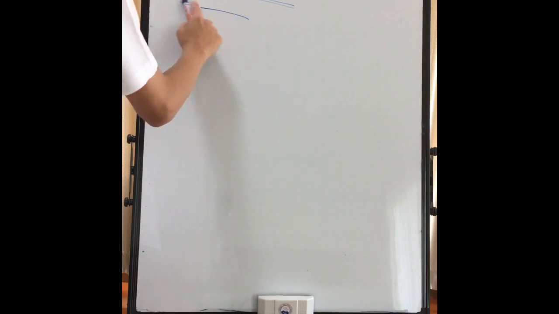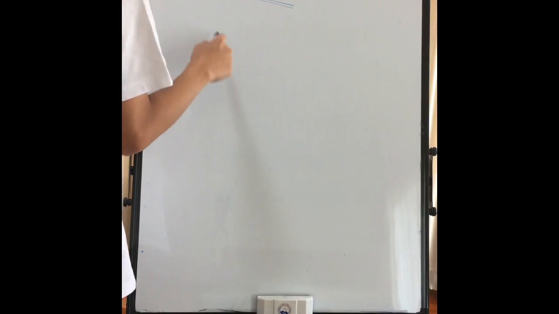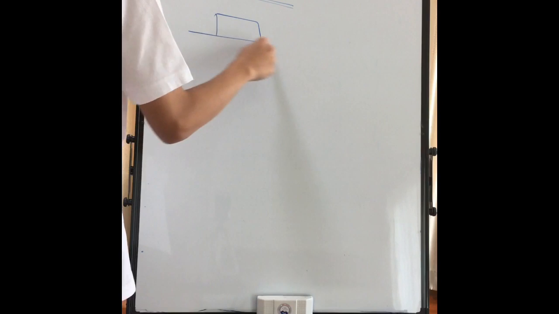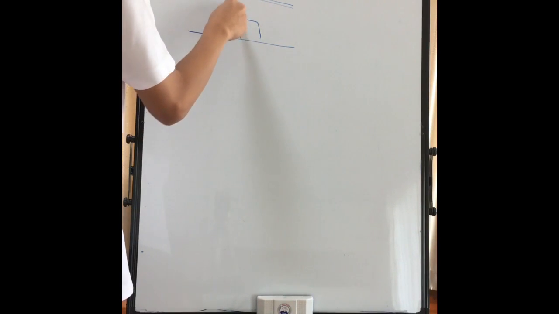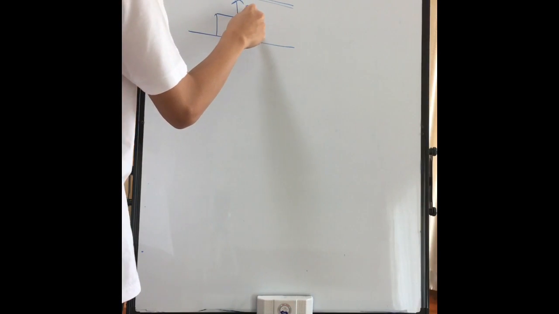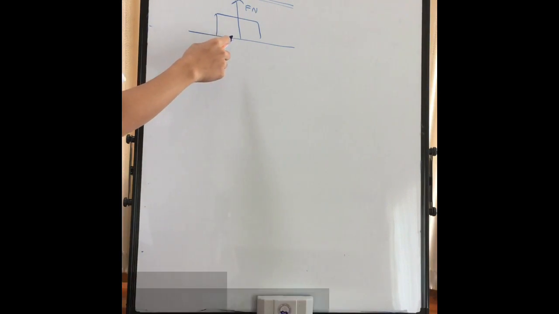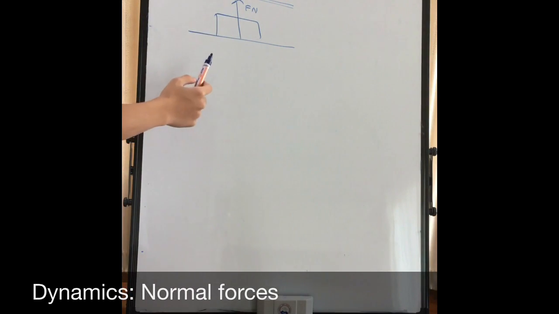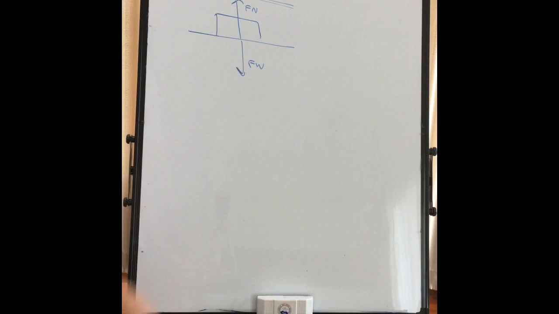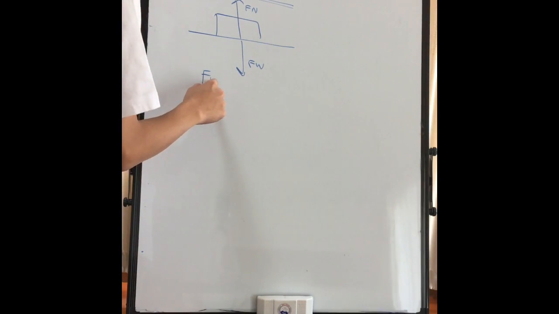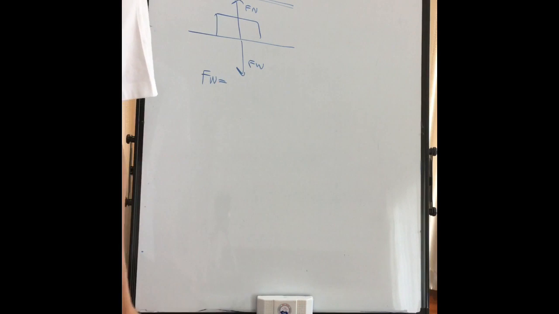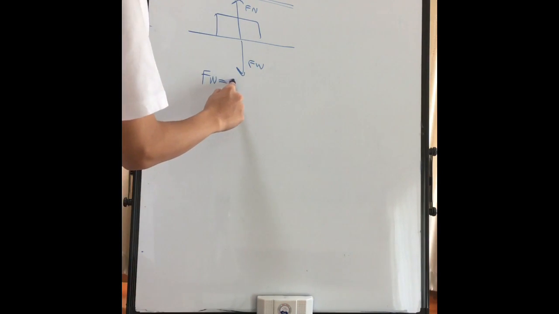So the picture will be like this, perpendicular to the surface, Fn, straight from the wall. It balances the weight, so normal force equals mg.